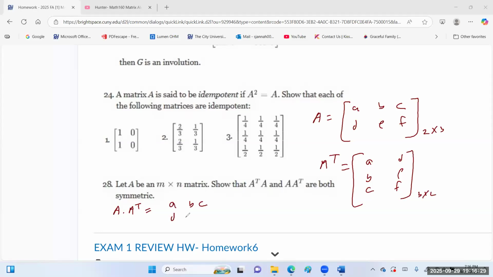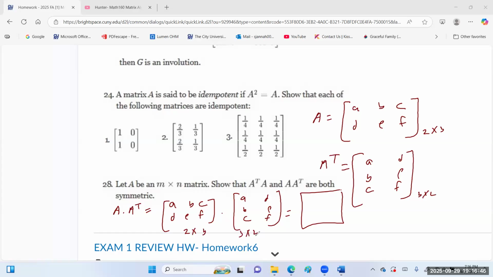You're multiplying A with A transpose, and then you're writing the product here. The product will be, so this is 2 by 3 and this is 3 by 2, so what will be the dimension of the product? Good job. You know your math. 2 by 2.